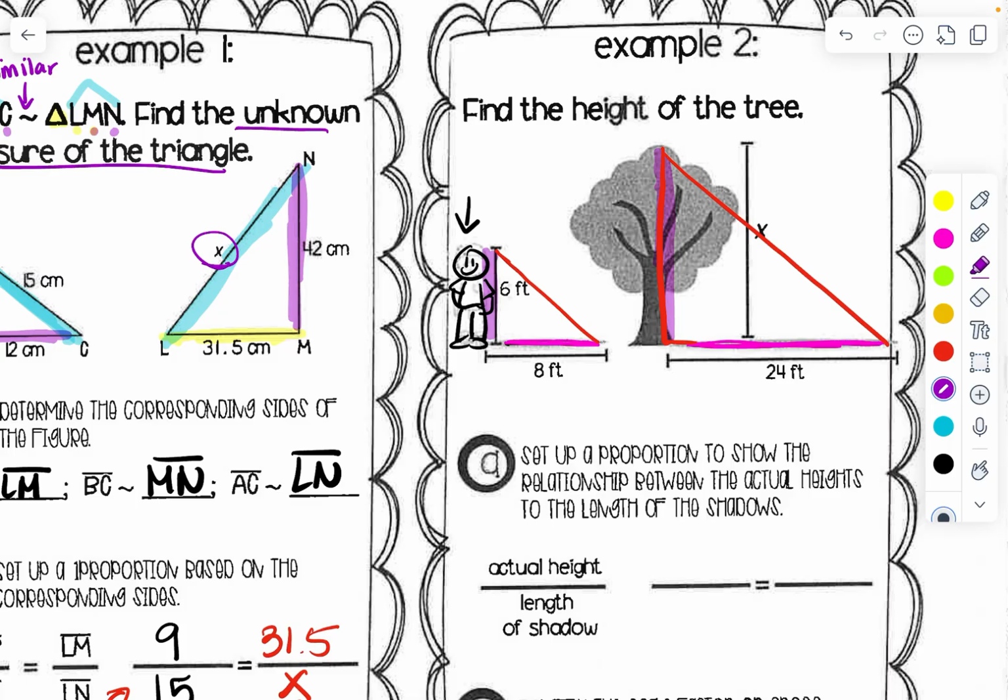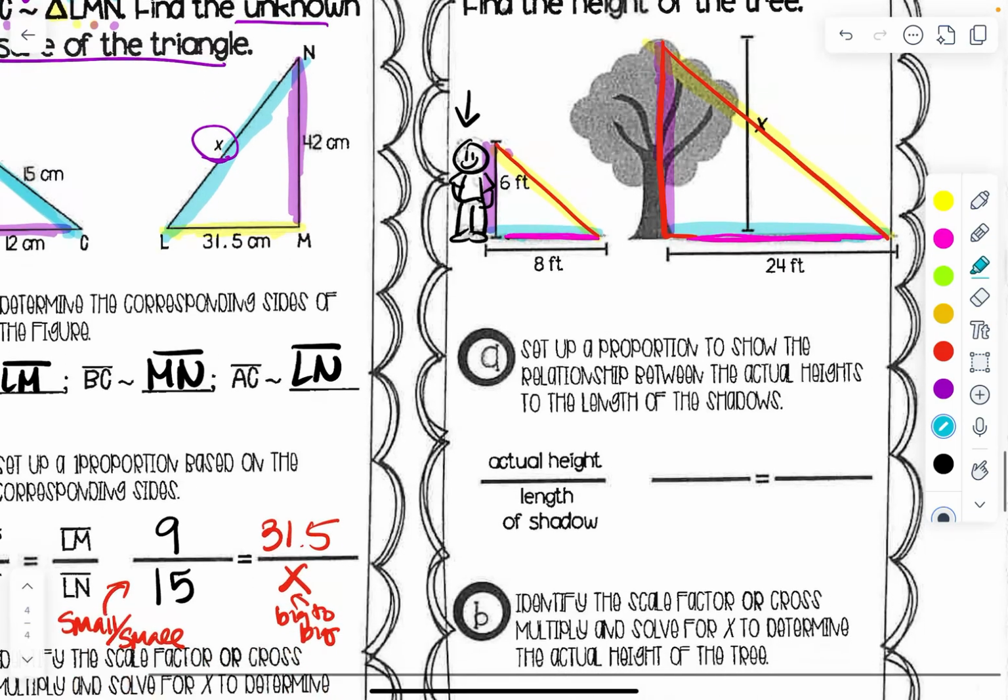The hypotenuse, which is the side that connects the two legs of a right triangle, I'm going to highlight in yellow. So those two sides correspond, which I probably don't even need. And then I'm going to use blue to do the bottom of the triangle, which is the shadow length. Okay, so the shadows will correspond.